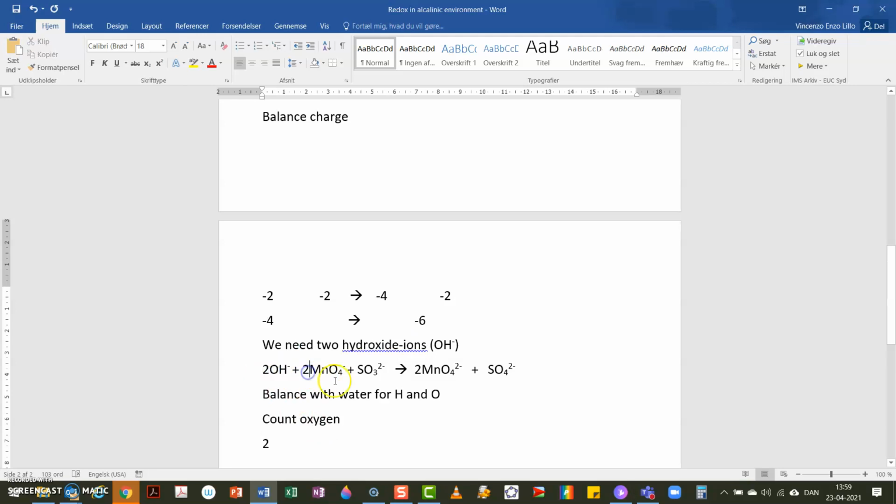We have 2 times 4, 8 from this. And we have 3 oxygen here. And at the other side, we have 2 times 4, 8.